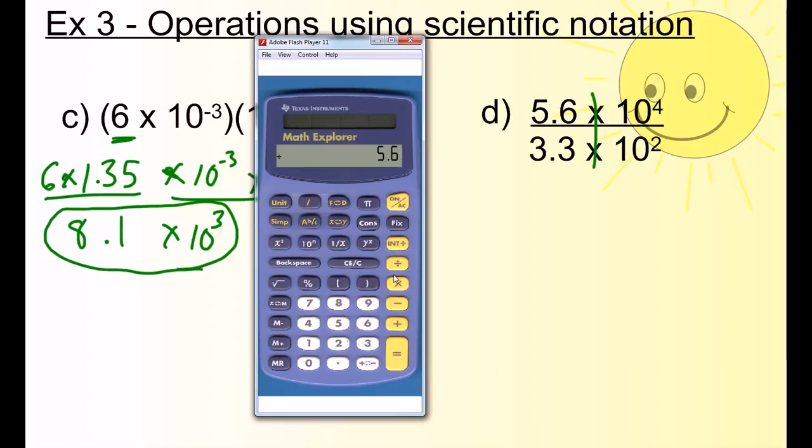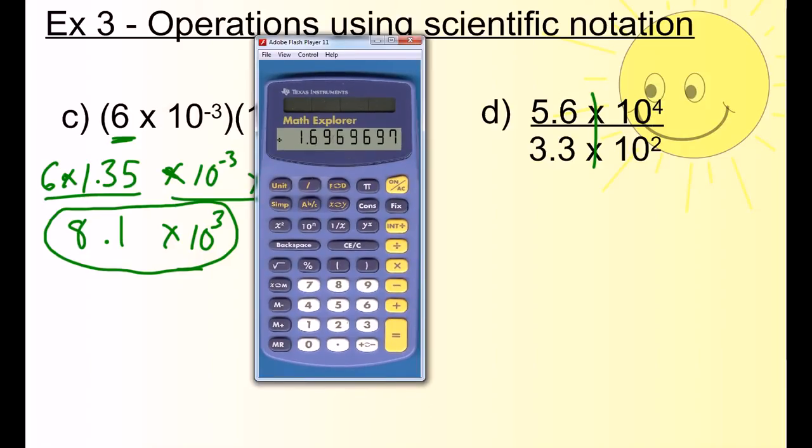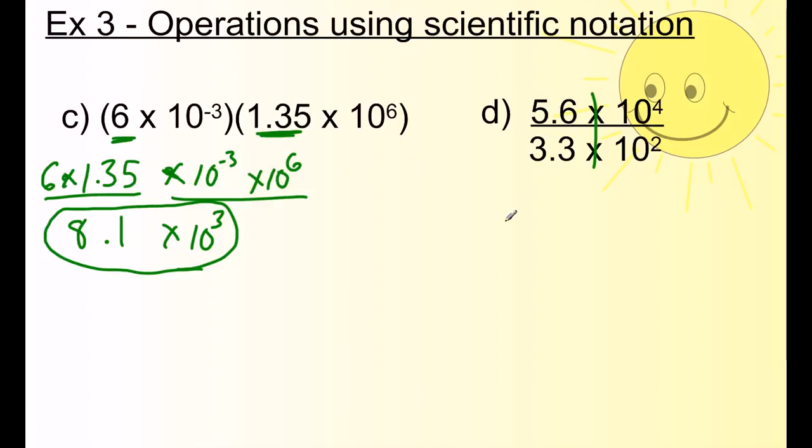5.6 divided by 3.3 equals 1.69696969. So how about we say 1.69? Yeah, repeated.